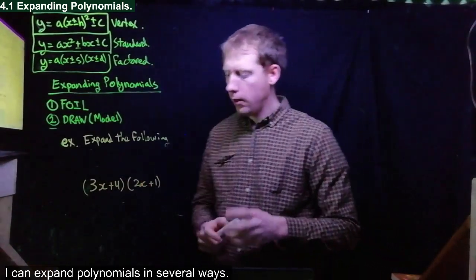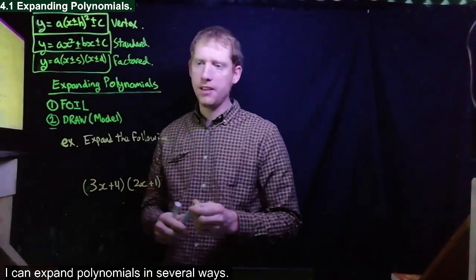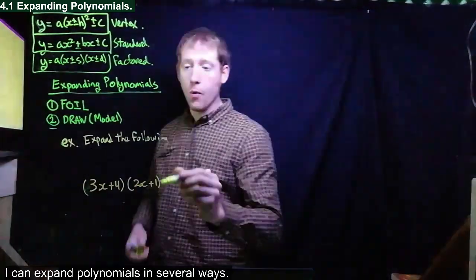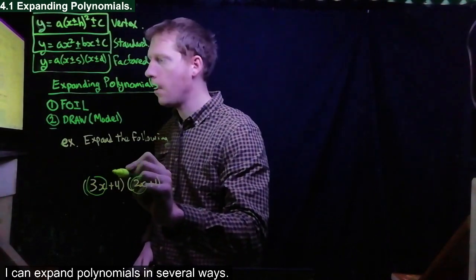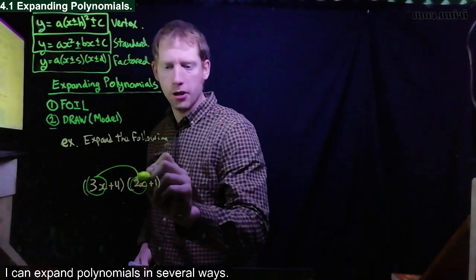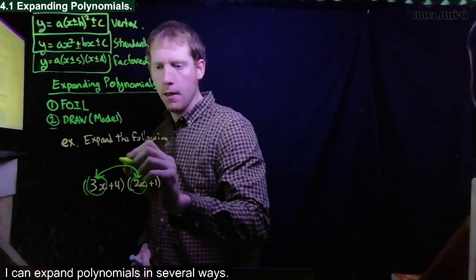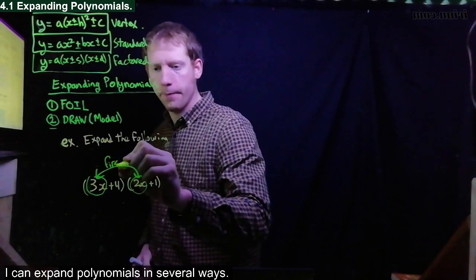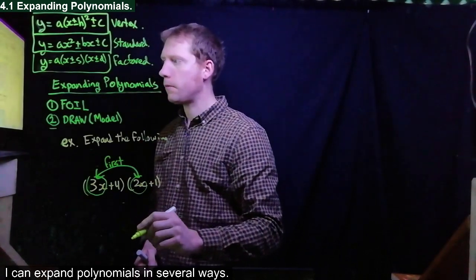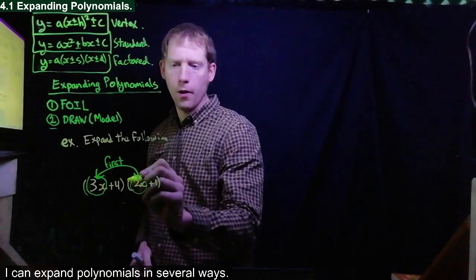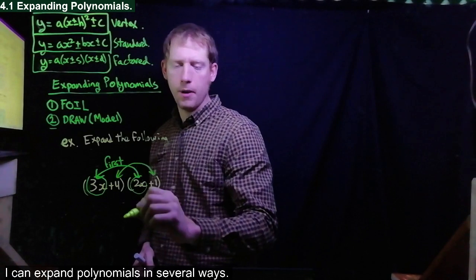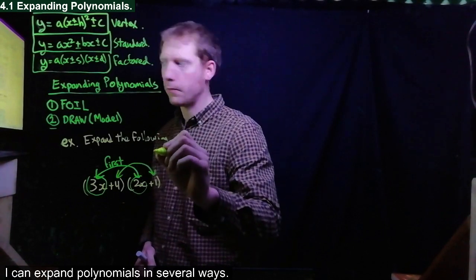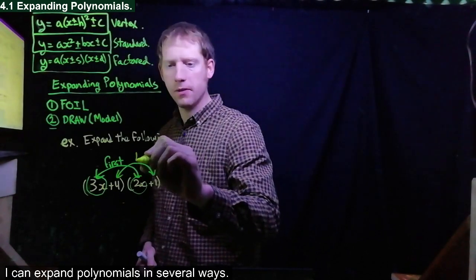Now FOIL, what FOIL does is, first you're going to take the first term multiplied by the first term. So this is called the first. Then you multiply this term by this term. This is the last.